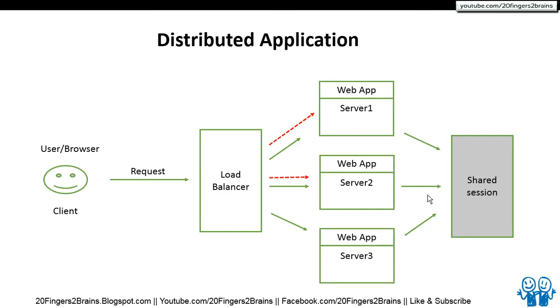Now, there are certain problems with this approach. One is that you need a separate server for shared sessions. There is overhead of looking up the shared session before processing a request, and there is a single point of failure. If the shared session server goes down, all the sessions for the application would be killed.